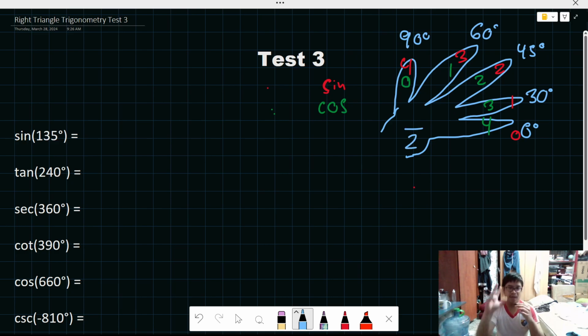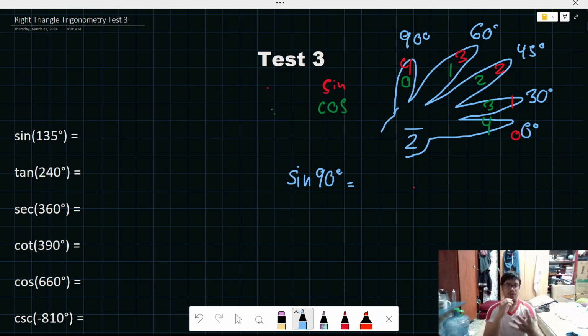Okay, so let me give you some warm up. For example, if I told you to find sine 90 degrees, so what are we going to do? You start counting from your pinky finger.